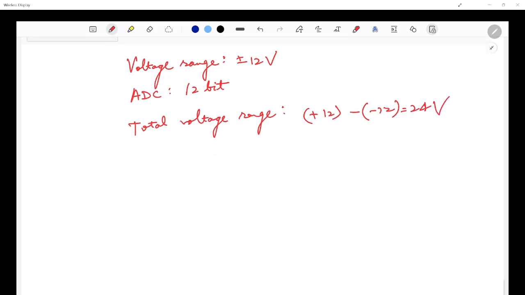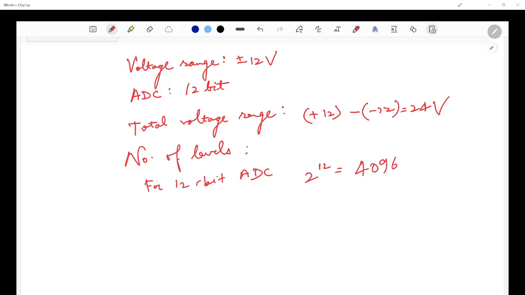And what is the number of levels of the ADC? For a 12-bit ADC, 2 to the power 12 means 4096 levels, right?